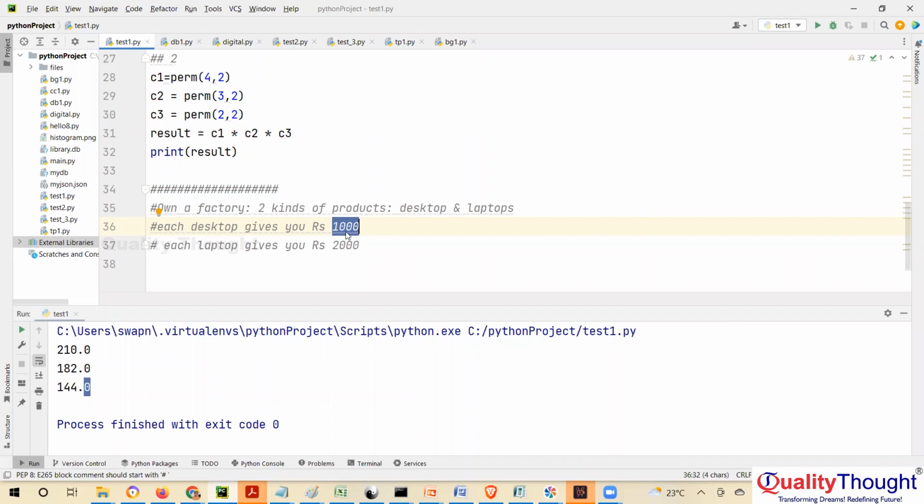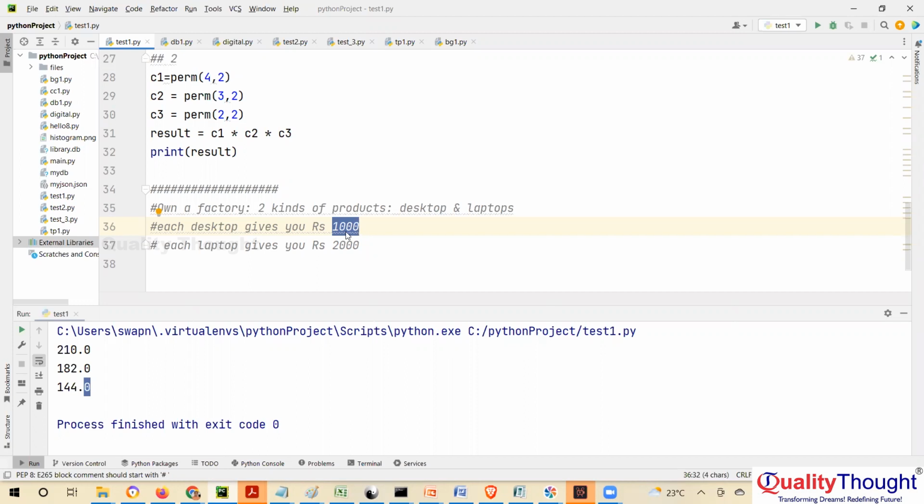But what is stopping you from making infinity profit? The resources available to produce the products. Yes. So there are some constraints that you also have to live with.